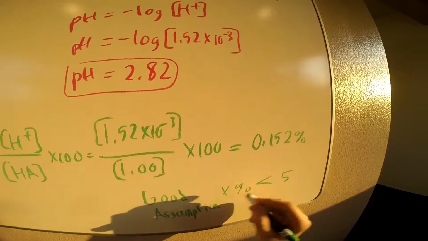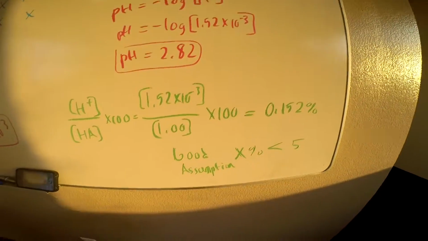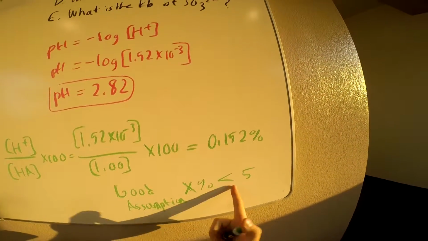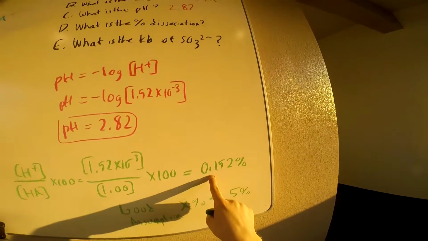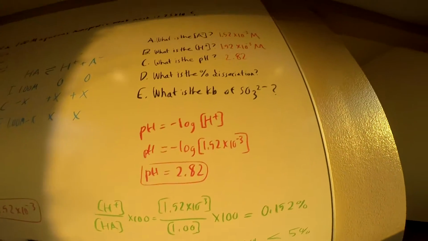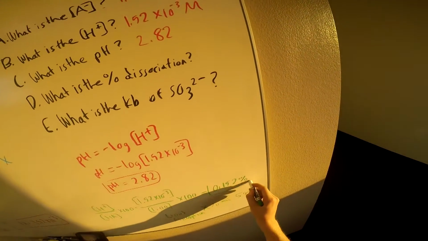Okay, so there you go. I'll just put an X there to show the percent dissociation. So that means that a good assumption has a percent dissociation below 5%. So this is definitely below 5%. It's really small. So that means that our assumption was good, and this is also our answer for percent dissociation.